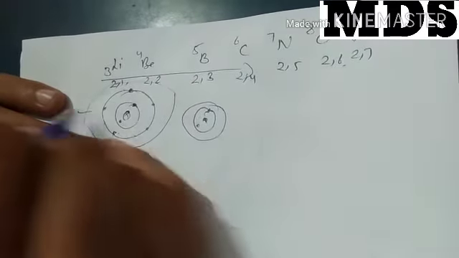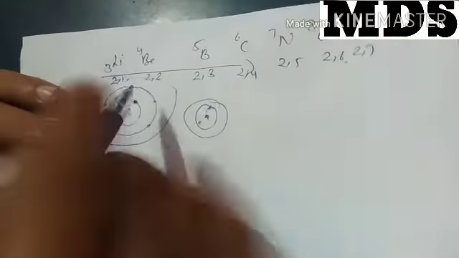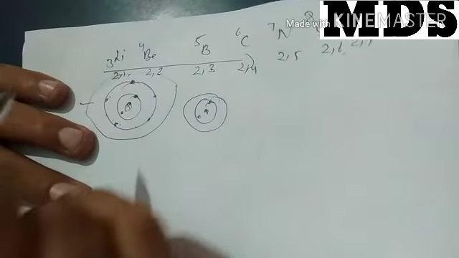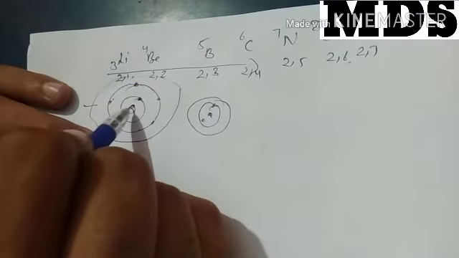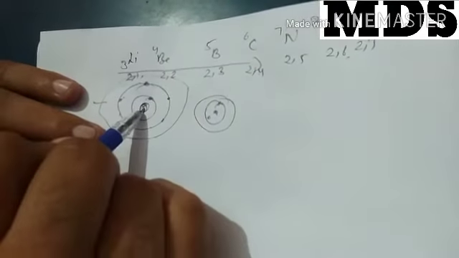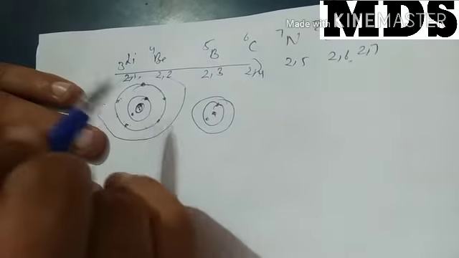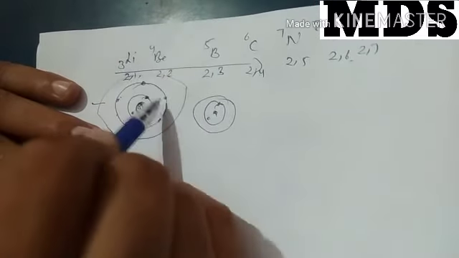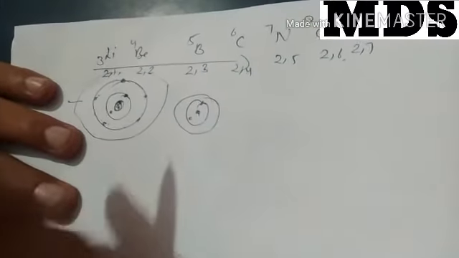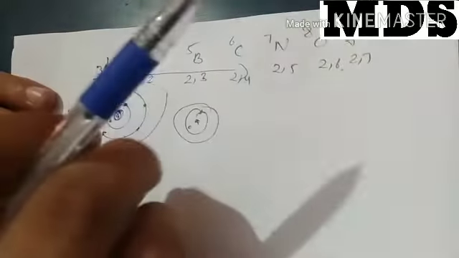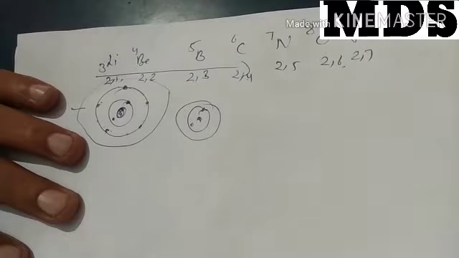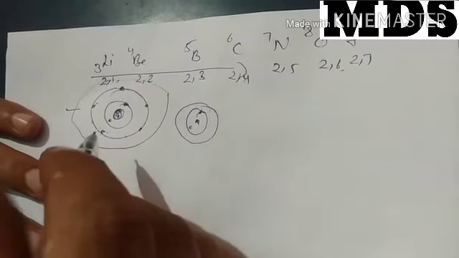But as you are moving in any period, the electrons are always adding in the same shell. And if electrons are adding in the same shell, when one electron is increased, one proton is increased inside the nucleus. So the increased positive charge is more effective than the increased negative charge. That's why atomic size decreases along the period. So we know that if we move along the period from left to right, atomic size goes on decreasing.